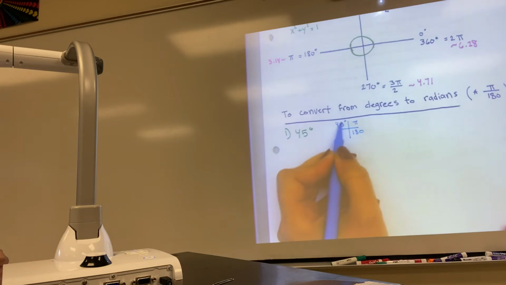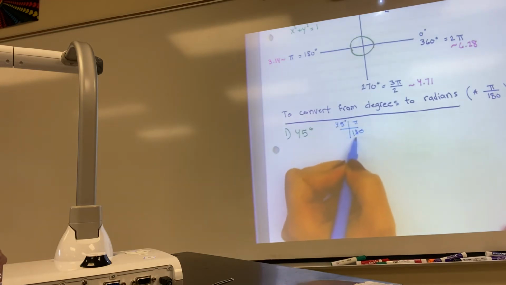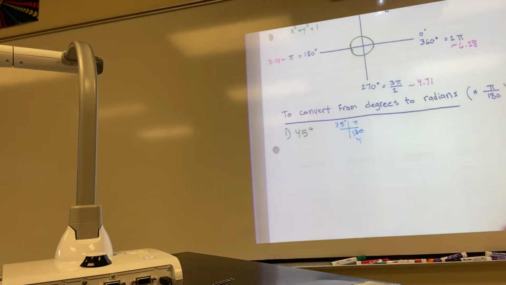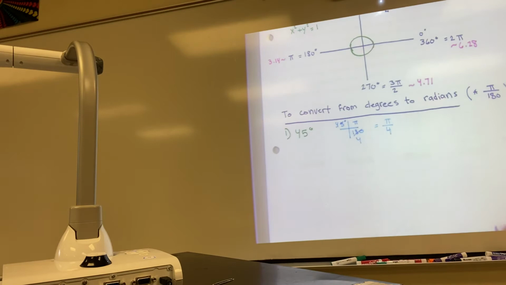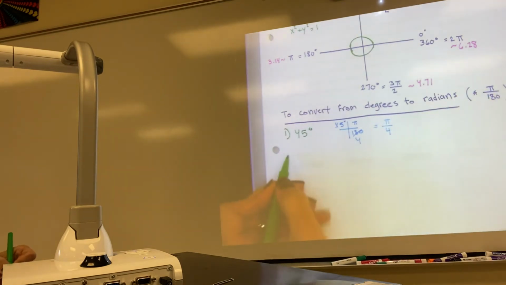I can reduce this: if you divide by 45, this will be 4. So your answer is pi over 4. So 45 degrees is the same as pi over 4 radians.